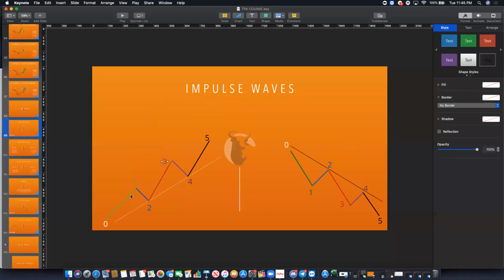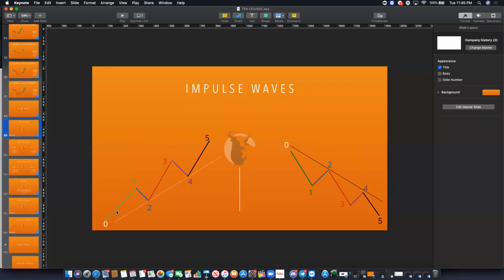So here, if a breakout is confirmed by a retest, the price broke out and the second wave was the retest of the first wave. Then when the third wave made its move, the fourth wave is the what? The retest, right? The retest of that breakout.